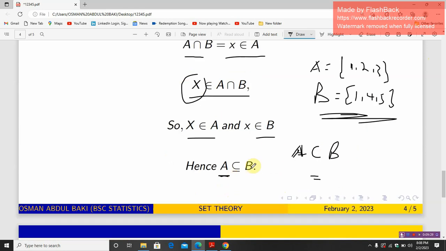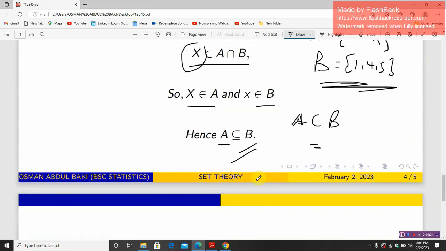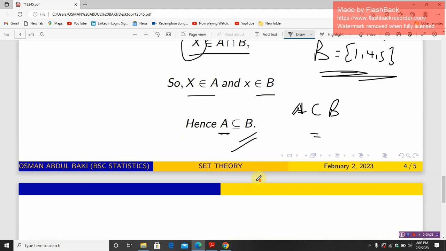Hence, A is a subset or equal to B. I hope you get me right. So this is the end of the solution.